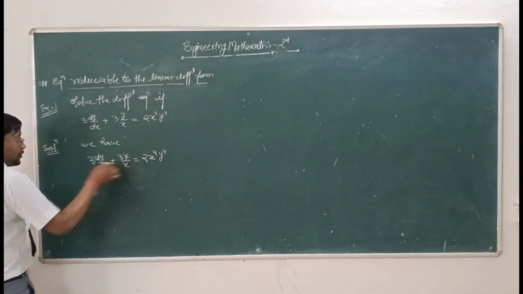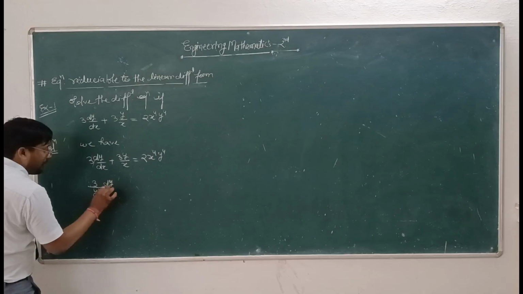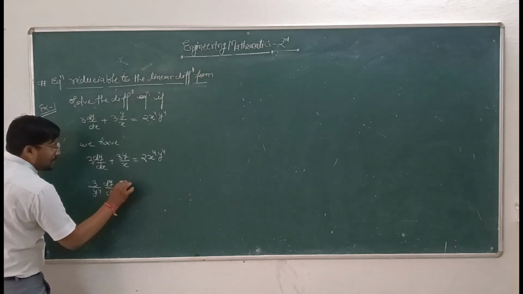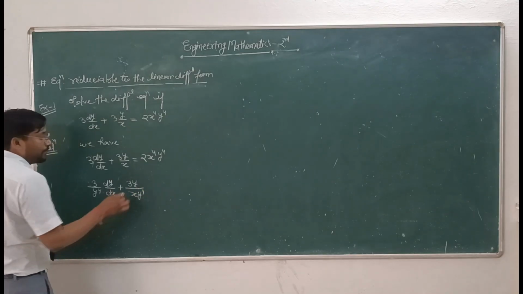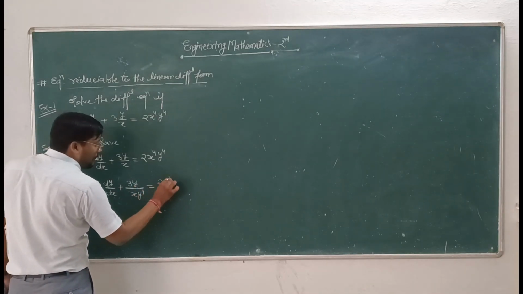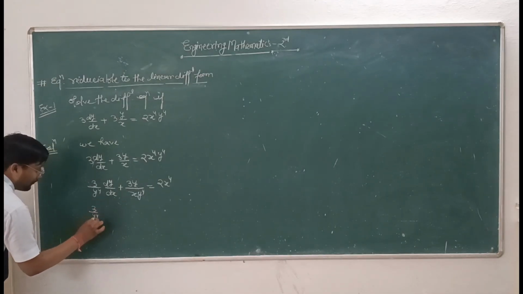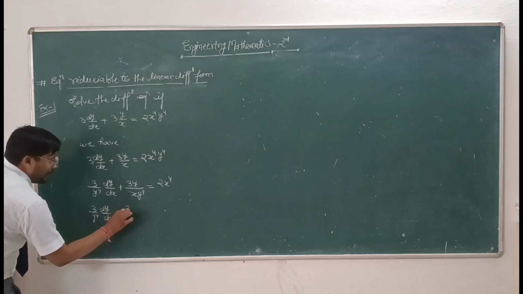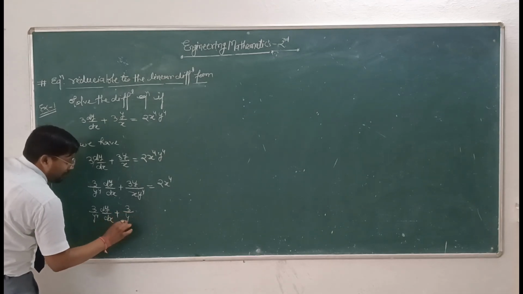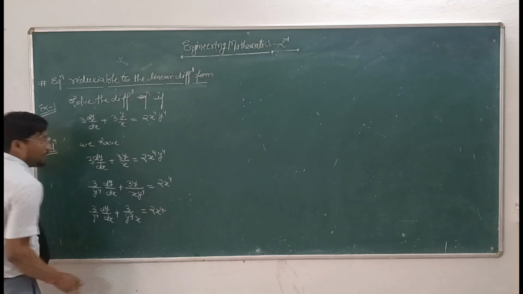Dividing by y to the power 4, we write 3 (1/y to the power 4) dy/dx plus 3/(x y cubed) is equal to 2x to the power 4.